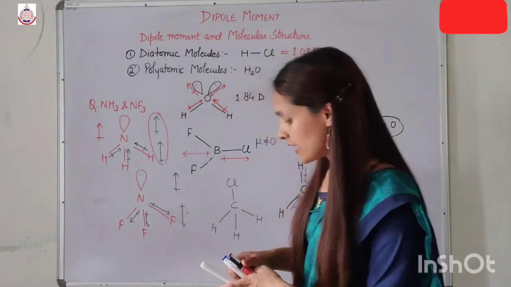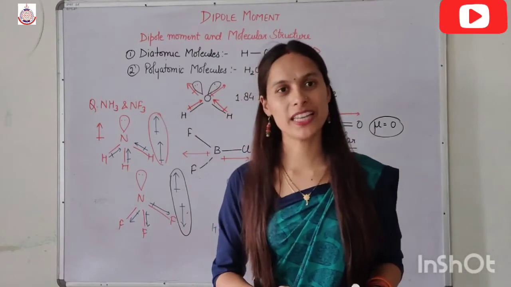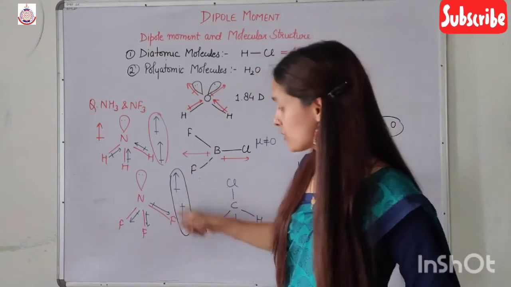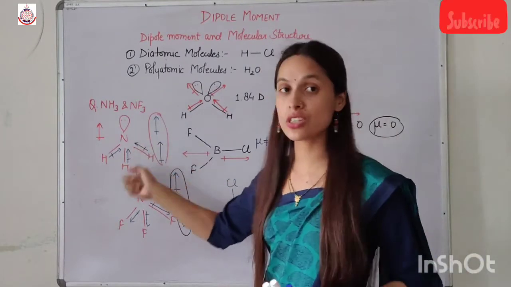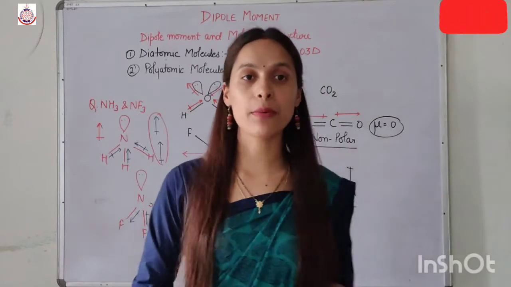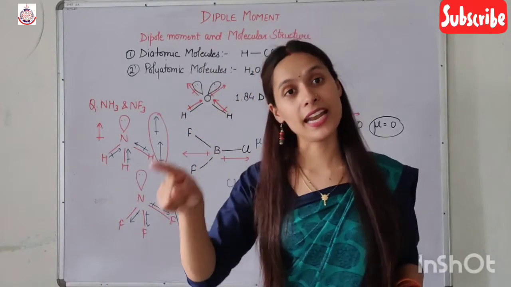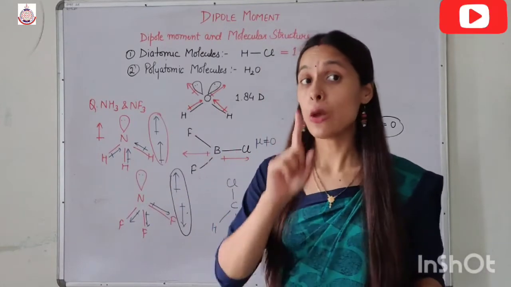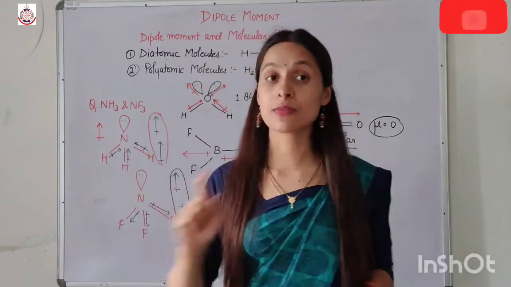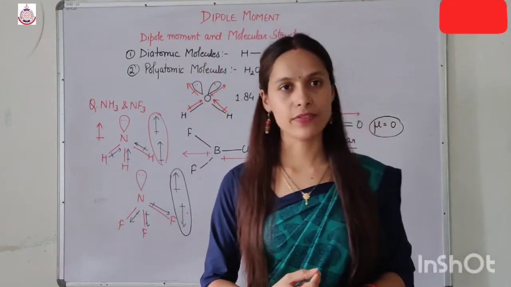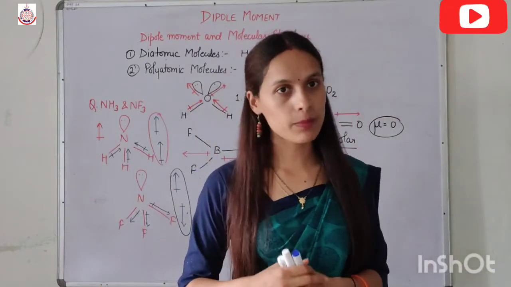But here the net resultant moment is the difference of these two dipole moments. Therefore, the dipole moment of NH3 is much larger than the dipole moment of NF3, though NF is more polar than NH. So in this way, the molecular structure affects the dipole moment.